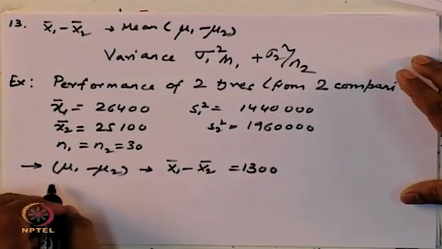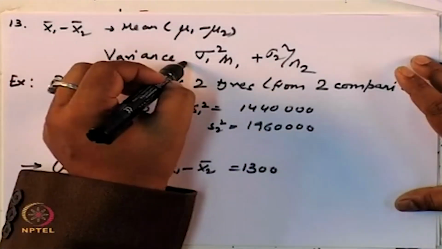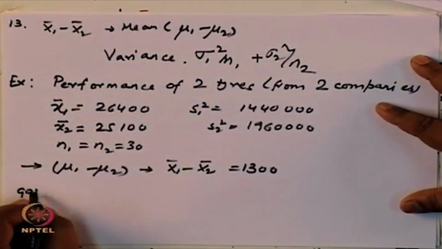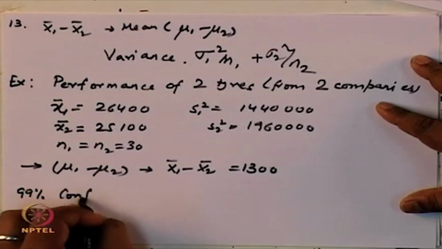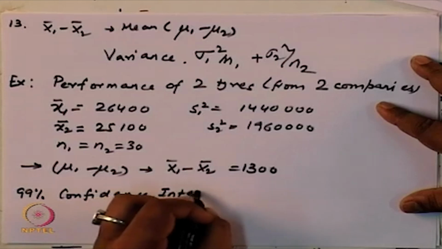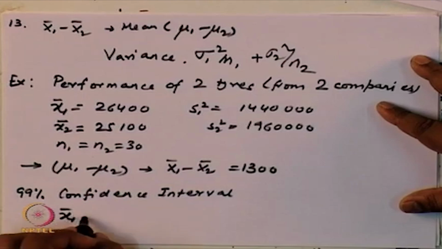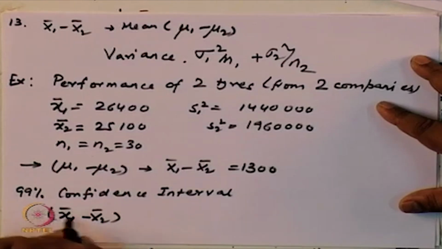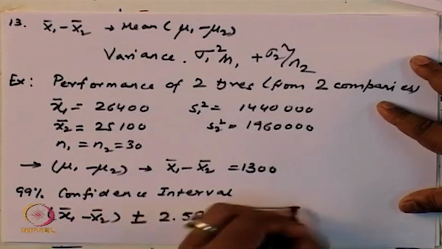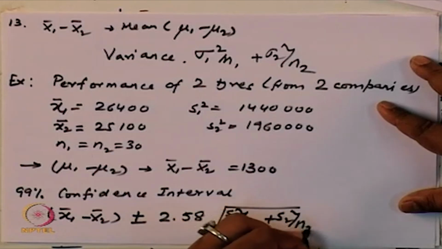And for this you can calculate the square root of this quantity as the standard deviation, and you can calculate the 99% confidence interval, which is given by x1 bar minus x2 bar plus minus 2.58 times root of s1 square by n1 plus s2 square by n2.